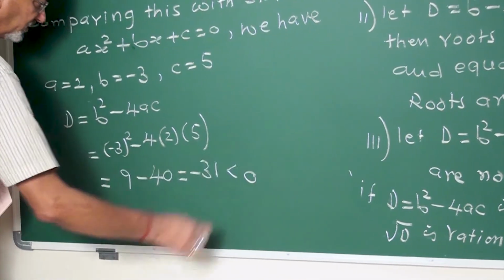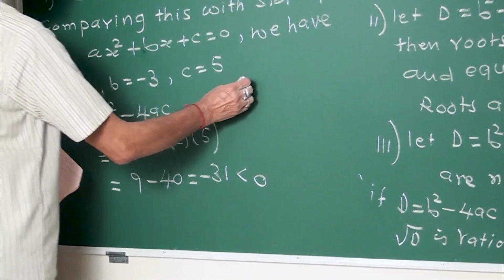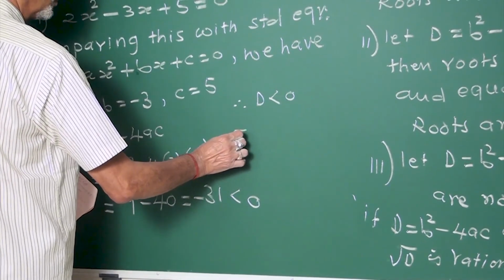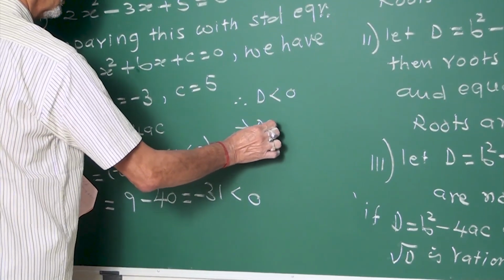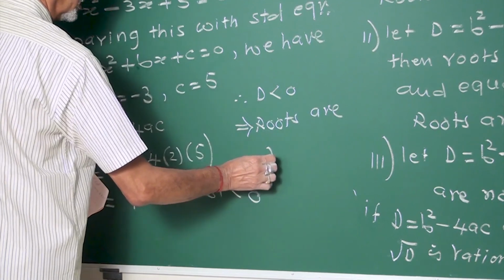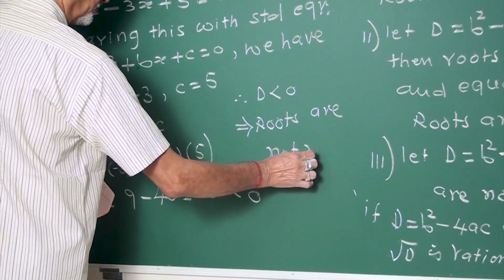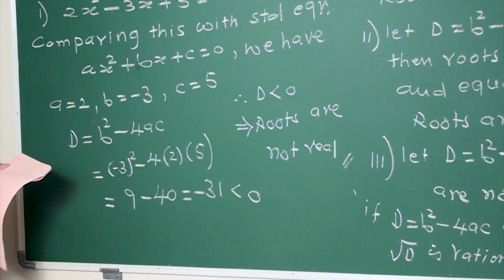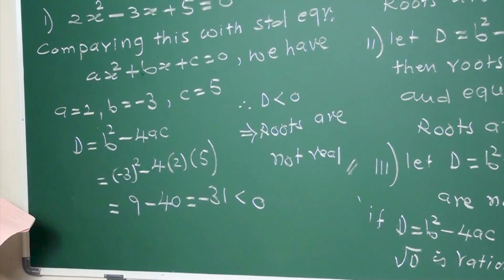Minus 31 means negative. Therefore, d is negative, which implies roots are not real.